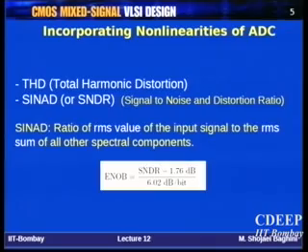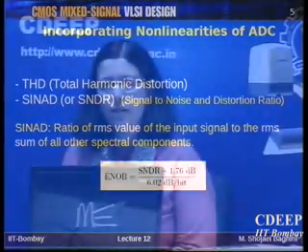If you apply two frequencies to that system, again because it's not linear, it not only creates harmonics of those frequencies, but also intermodulation. Non-linearity means that you will get different kinds of mixing of these two signals. So these are well-known characteristics of a nonlinear system.